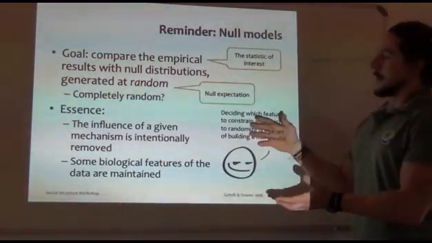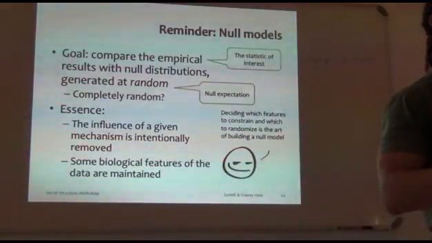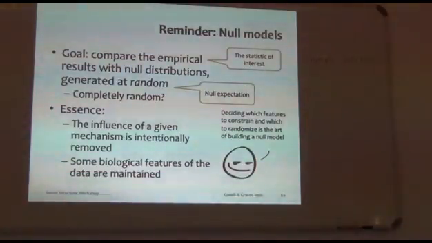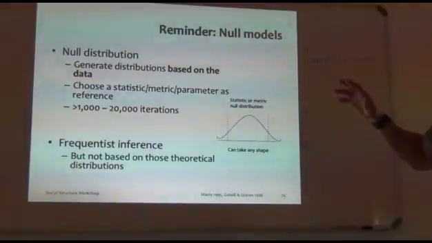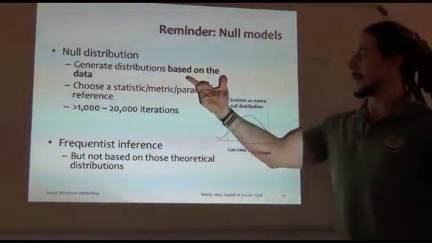The more constrained our randomization process is, the more statistical power we will have in our test. Comparing with a completely random distribution, it would be very likely that we would reject the null hypothesis. So we want this null distribution based on our data.